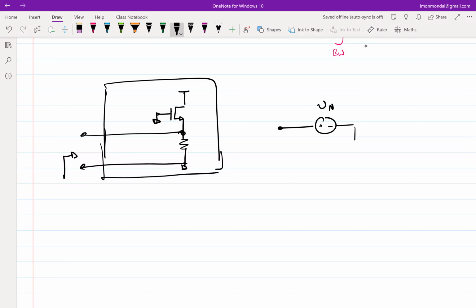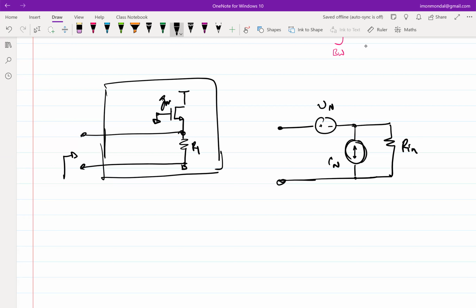Vn, In, and some Rin. So Rin is the input impedance, and Vn and In are the input referred noise voltage and current. Let me call this one R1, and let me call this one gm.